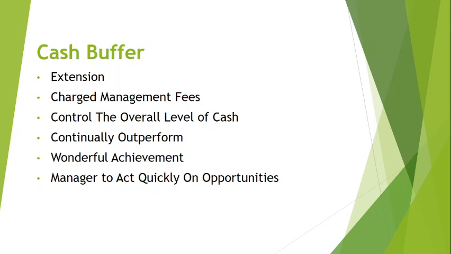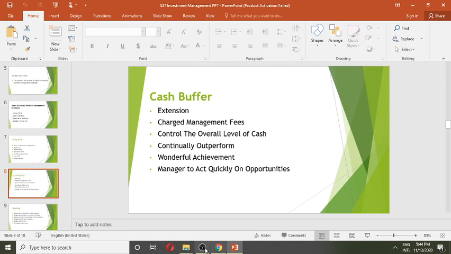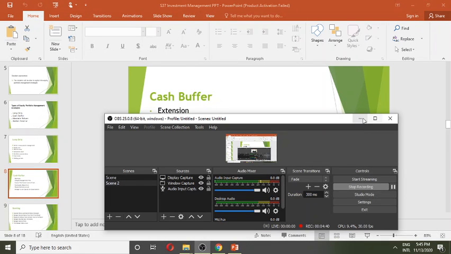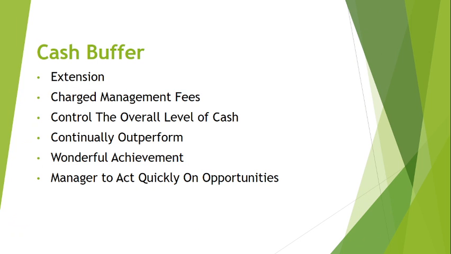While firms can appreciate this point of view, firms believe that if a manager can continuously outperform their benchmark while holding an average of 15% or more in cash, then this is a wonderful achievement.